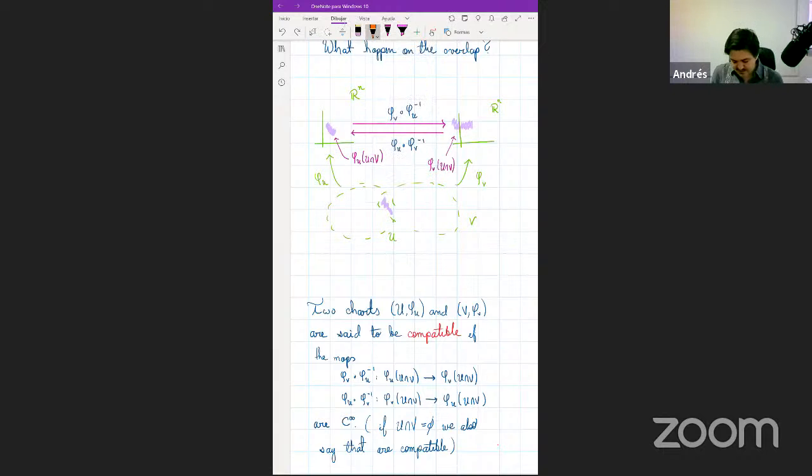So here is where you are using the knowledge of multivariable calculus.